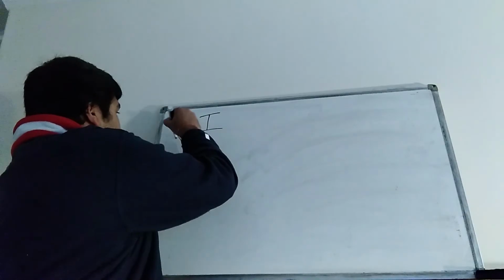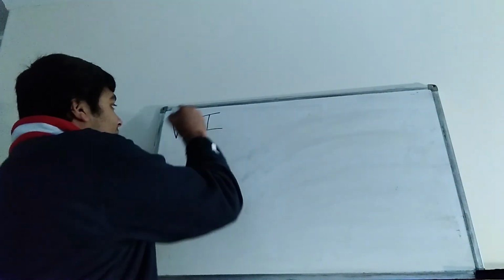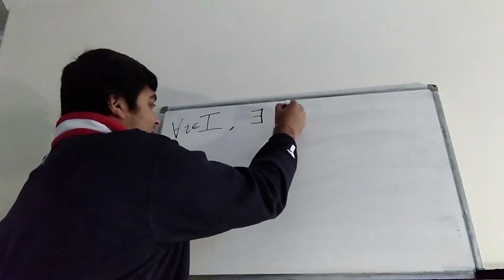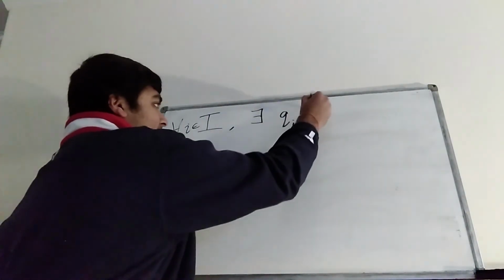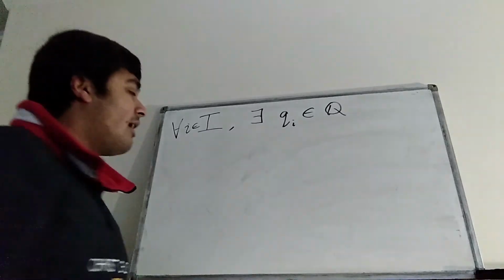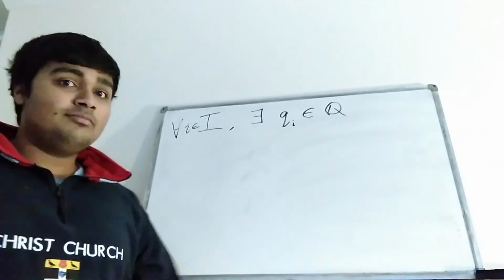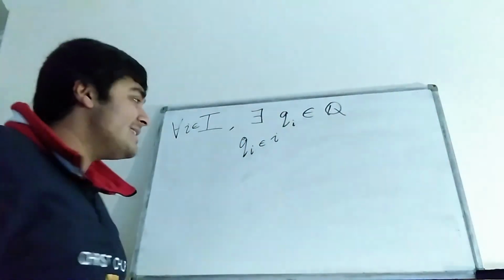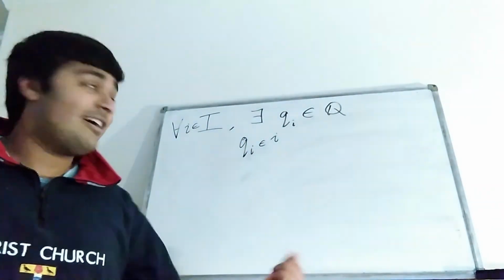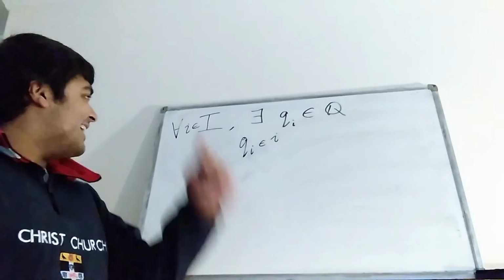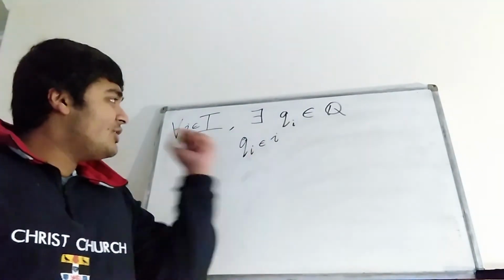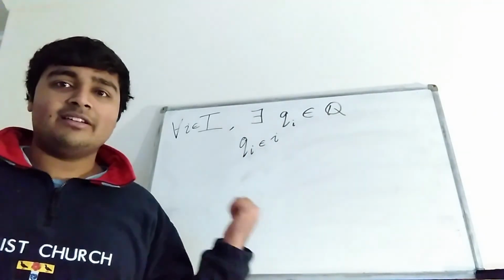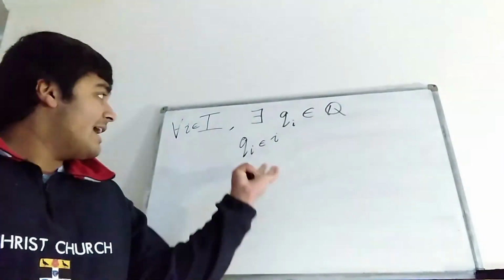Well then for each interval I in I, we can prescribe a rational number q of I. There exists a rational number q I, which is in the interval I. So q I is a member of I. And the reason for that is each interval is non-empty. I guess we should perhaps have stated that, but I is a collection of non-empty intervals, and q I is a rational number in the interval I, and that exists because each of the intervals in I are open.